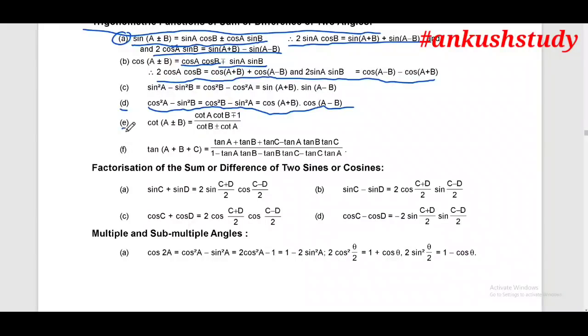And now the E1 is cot(A plus minus B) is equal to (cot A cot B minus plus 1) upon (cot B plus minus cot A), and the F1 is tan(A plus B plus C) is equal to (tan A plus tan B plus tan C minus tan A tan B tan C) upon (1 minus tan A tan B minus tan B tan C minus tan C tan A).